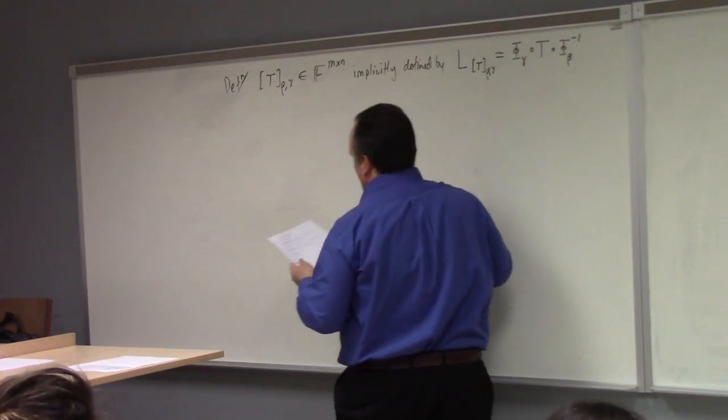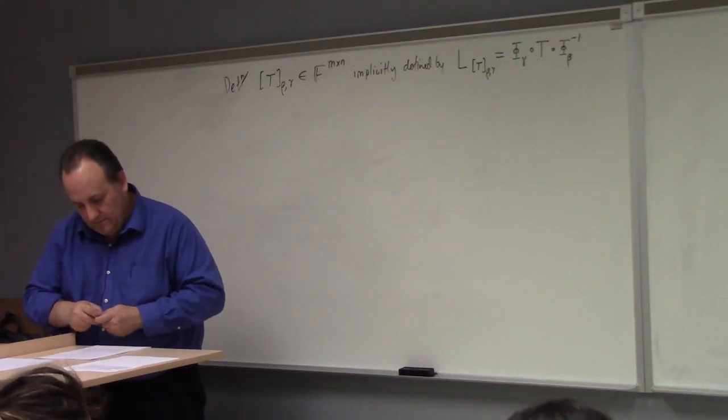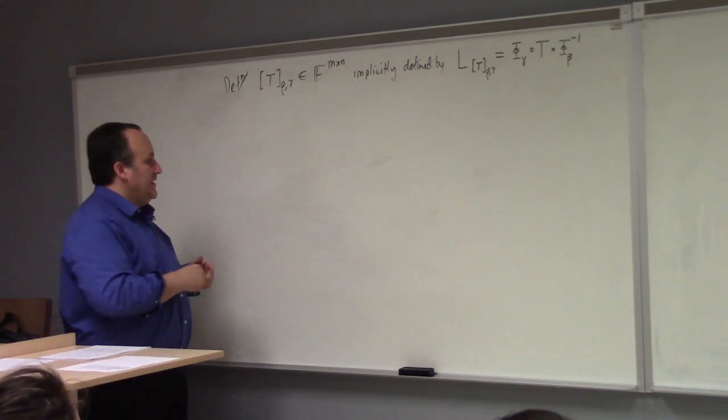Now that is something that we wrote last time. In fact, I proved the equivalence of that and a few other things, right? Now in this context, I'm assuming what?